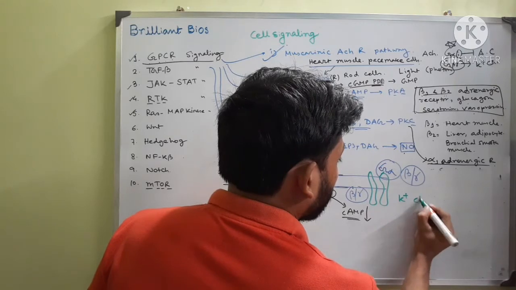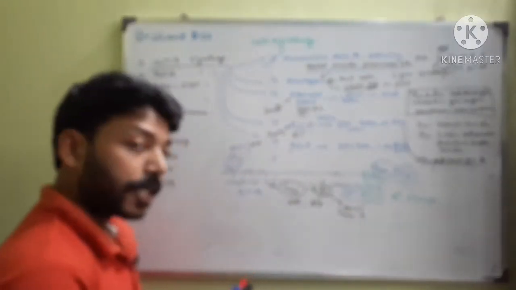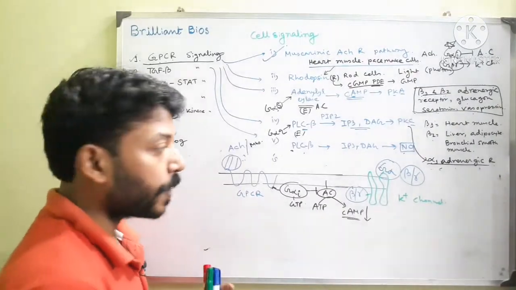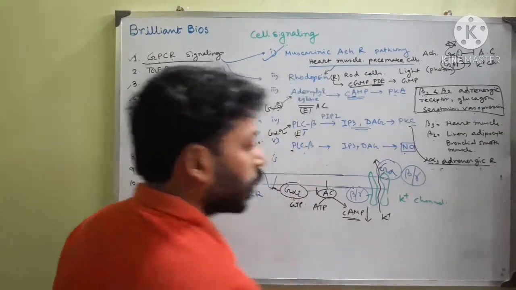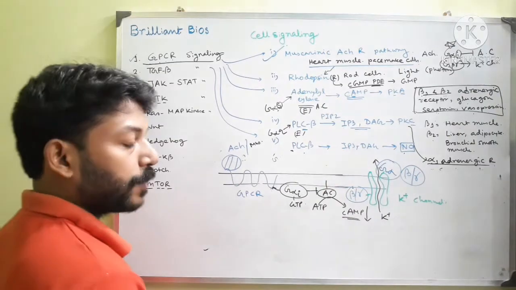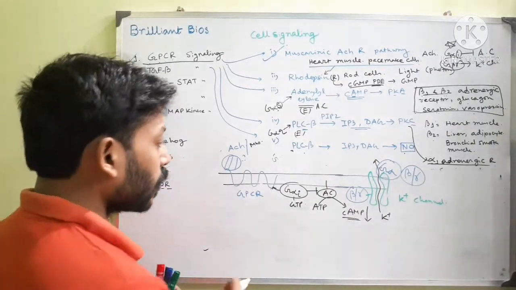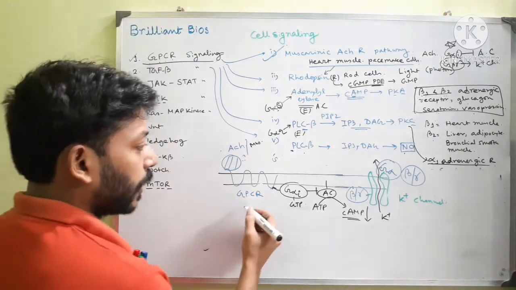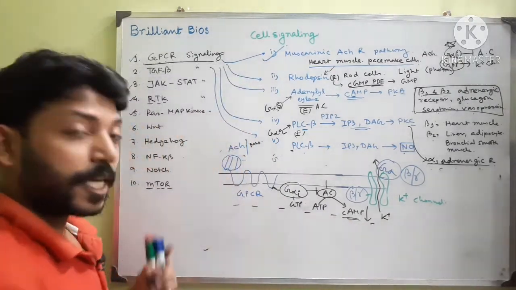When this beta gamma attaches to this potassium channel, it opens the potassium channel. Potassium comes out from the cell, and we know that when positive ions come out from the cell, what happens? It becomes depolarized. Sorry, it becomes hyperpolarized, because the negative charge inside the cytoplasm increases.